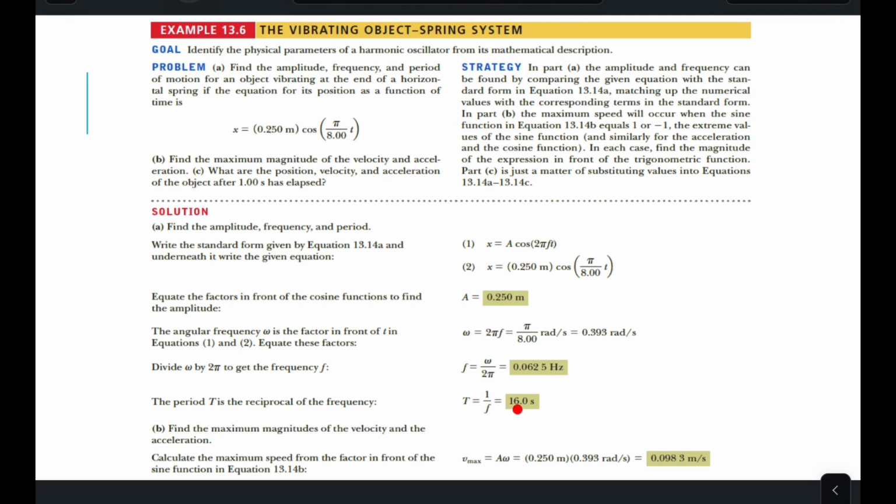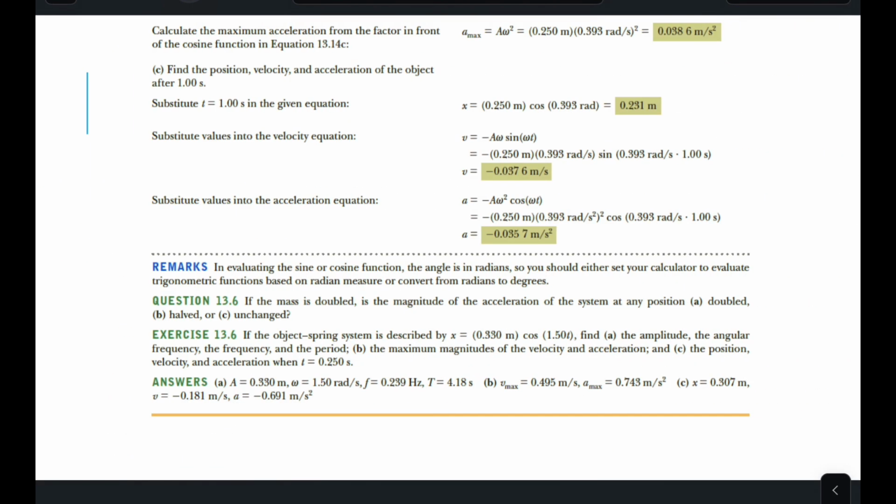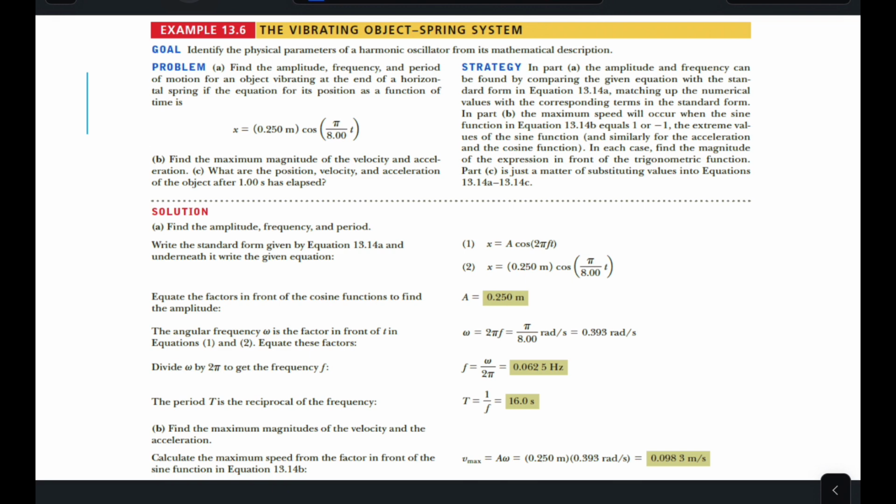So for part B, find the maximum magnitude of the velocity and acceleration. We don't have to consider the direction since the question is asking for magnitude only. V max is omega A. How is it? Take a look, no equation is given here. So what is the equation?